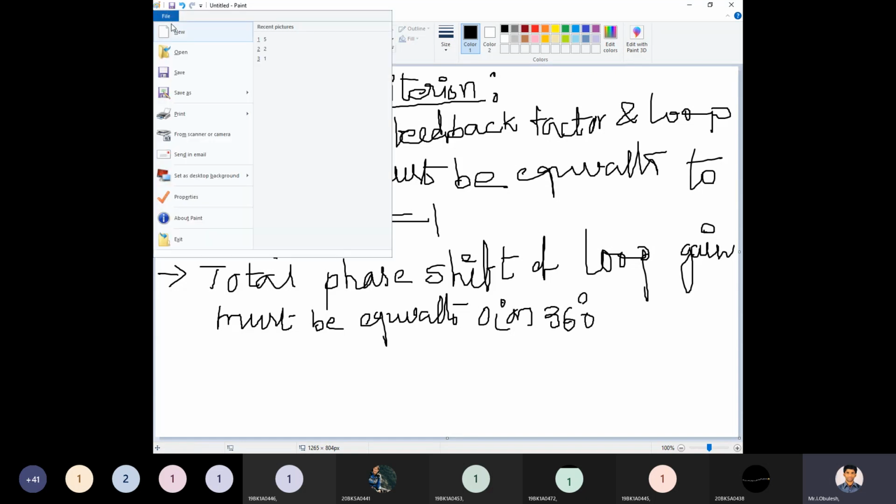The next: if the amplifier causes a phase shift of 180 degrees, the feedback circuit must provide a phase shift of 180 degrees so that the total phase shift around the loop is 360 degrees.